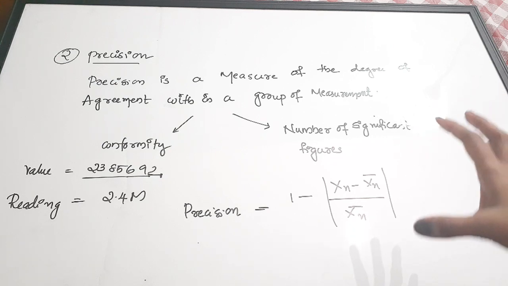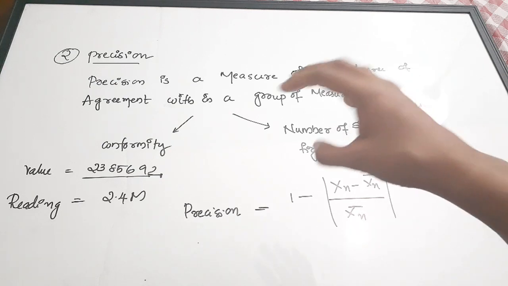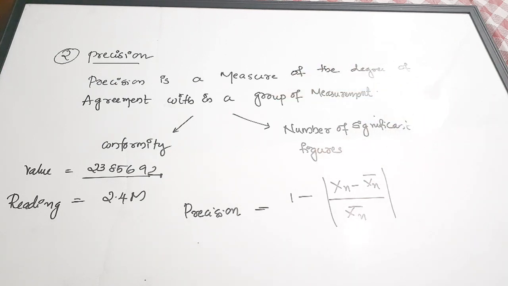Next, precision will also depend on the number of significant figures, that is, in how many significant figures we can do the measurement. These are the two factors affecting precision, and precision can be represented as P equal to 1 minus modulus of (xn minus xn bar) by xn bar, where xn is the nth measurement value and xn bar is the average of a set of measurements.